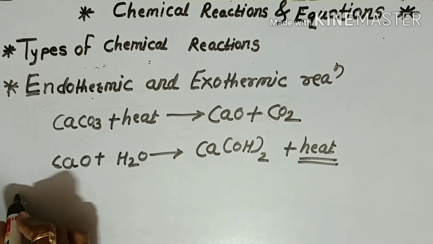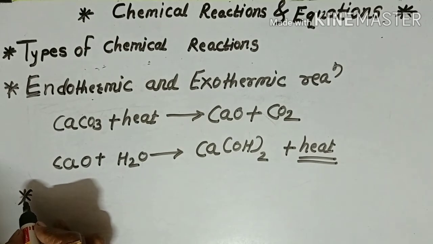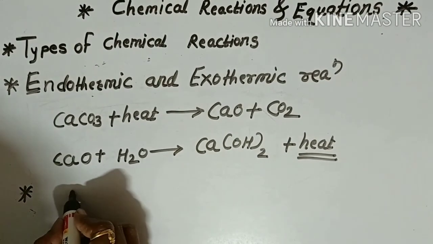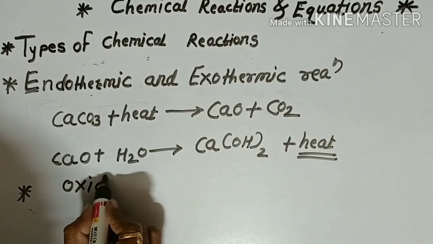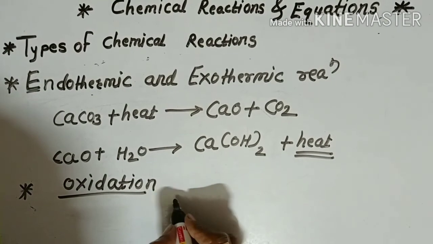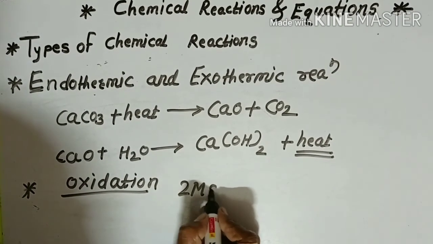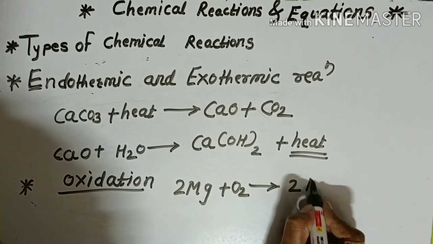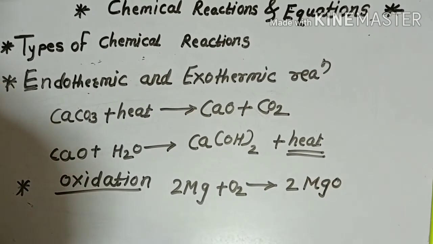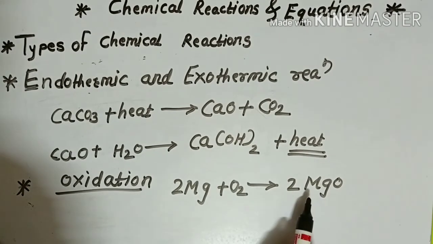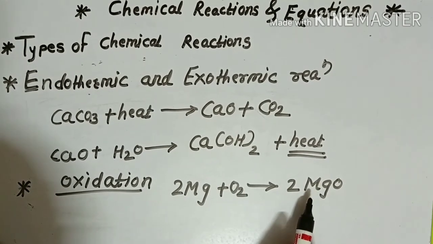Now the next point is oxidation reaction. Oxidation means, here oxidation. See here, one example, 2Mg plus O2 gives 2MgO. When we burn the magnesium ribbon, there is a formation of magnesium oxide.